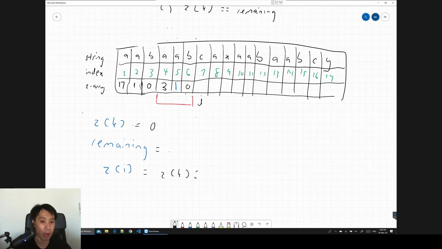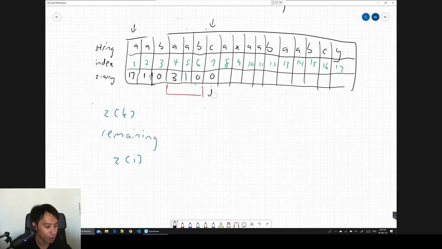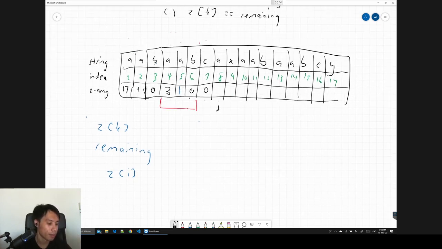And because I'm outside of the Z box now, which is the same scenario as case 1, I do not have dynamic programming anymore. I need to recompute everything manually. A and C is not the same, so it'll be 0. Increment my I. I is outside of the Z box.